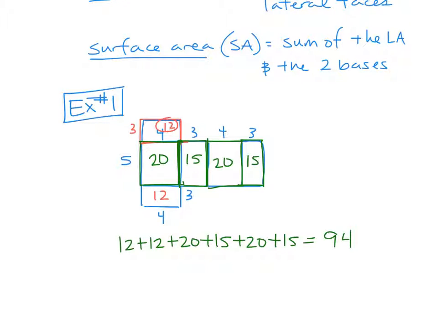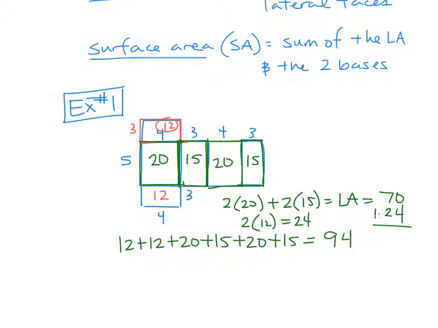Okay, another way you can think of it to simplify it is you have 2 20s and you have 2 15s. Okay, that's going to be our lateral area. So if you add those together, 40 plus 30 is 70. And then we have 2 12s that we're adding to it to get to our surface area. So when we add 24 to that 70, we get 94 as our surface area.